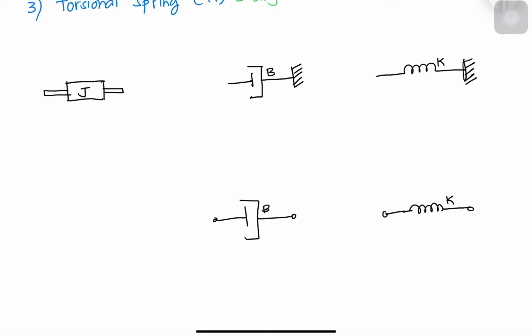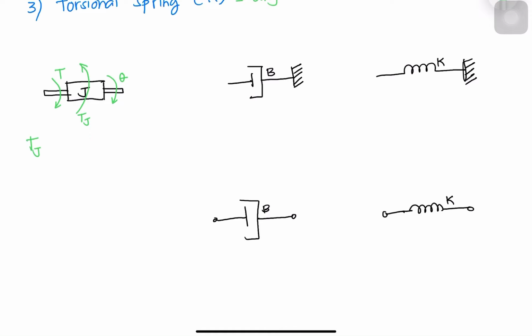So for mass, we have here the angular displacement, and instead of force, we use letter T for torque. The torque due to the mass is in the reverse side, Tj. The first one is clockwise and the other one is counterclockwise. So this is a function of angular acceleration.